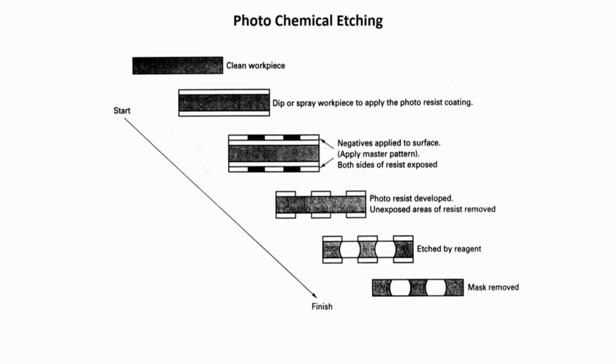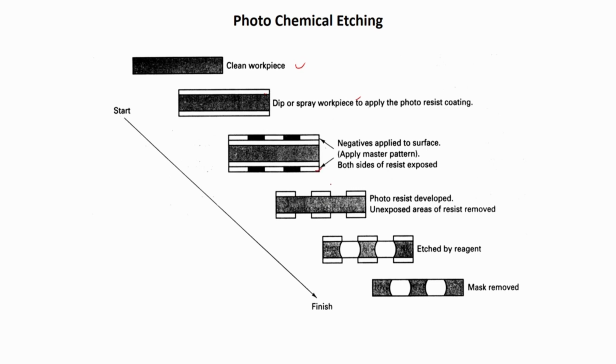So these are the different steps of photochemical machining. First you have to clean the workpiece, then dip or spray the workpiece to apply the photoresist coating. Then the negatives are applied to the surface. Apply the master pattern on both sides of the photoresist.